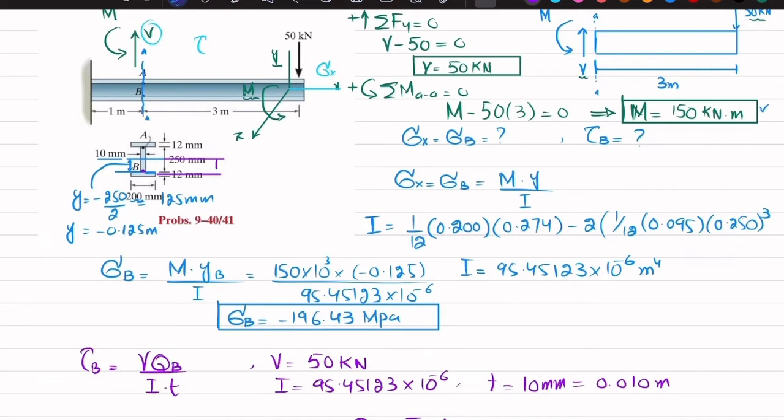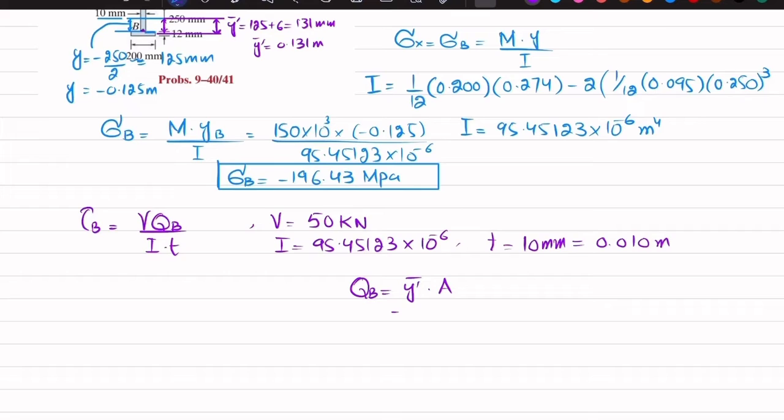This distance is 125 plus 12 divided by 2, which is 6. So 125 plus 6 is 131 millimeter, and in meter that is 0.131 meter.